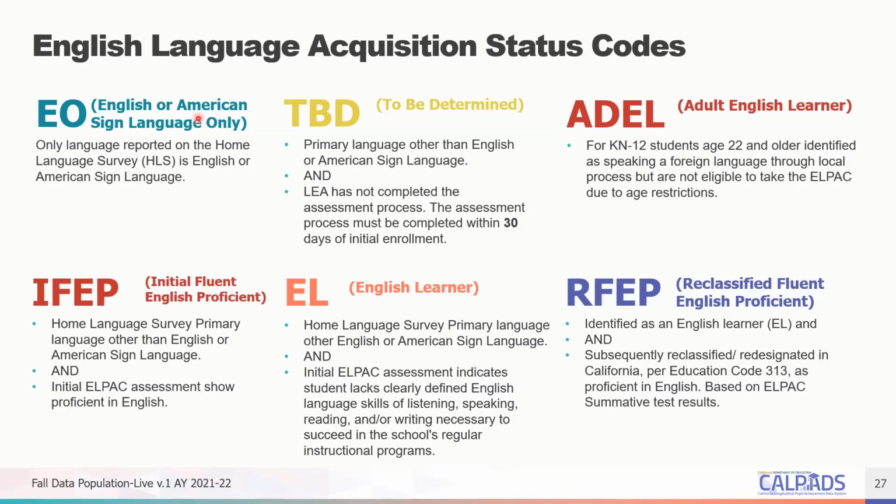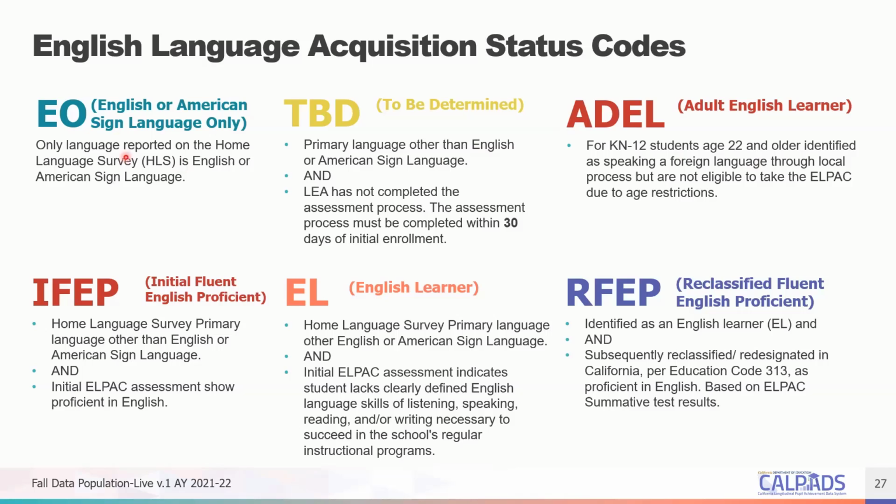So here are the codes that normally you would use for the SELA record. You have your EO, TBD, ADEL, IFEP, EL, and RFEP. The ADEL is for students who are age 22 or older, whose home language survey says they're foreign speaking. However, since you can't test a student beyond 22 years old for ELPAC, they are automatically reported as ADEL.